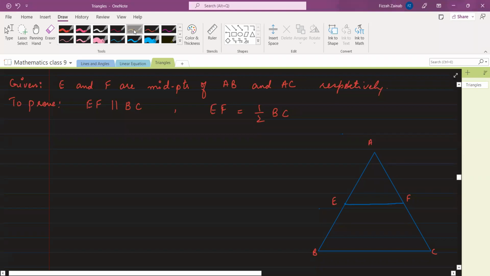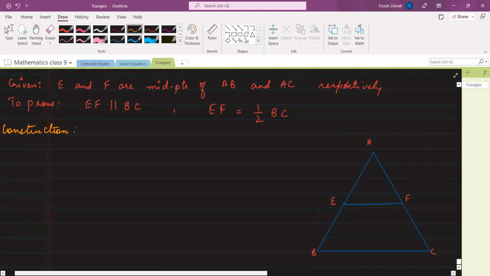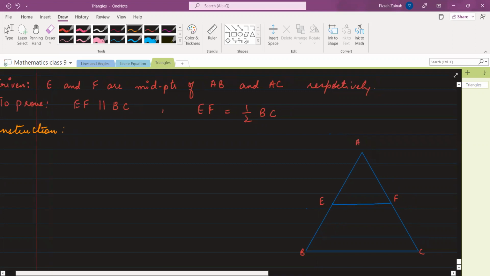Okay. Now for that, you have to do one construction here. So the construction is that, see, now through C, we draw a line such that this line has to be parallel to AB, right?